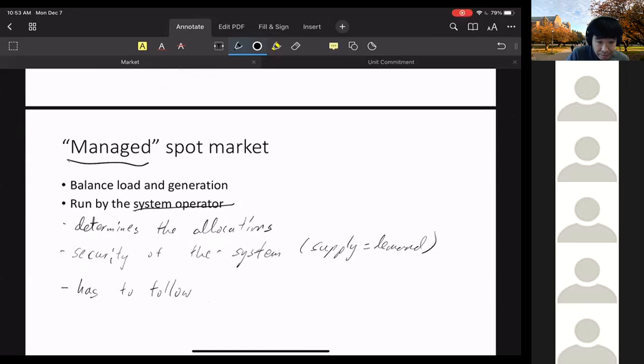It has to operate with sound economic rules. The system operator basically needs to have rules that make sense.